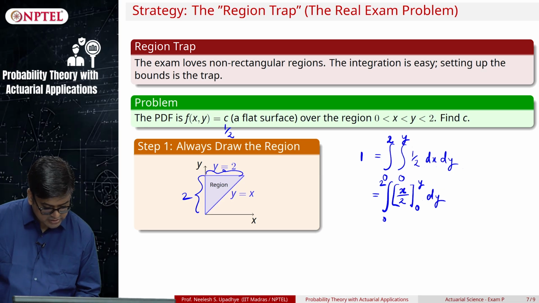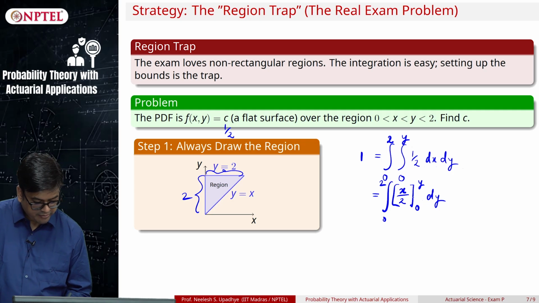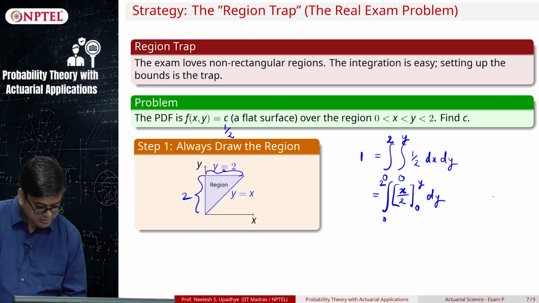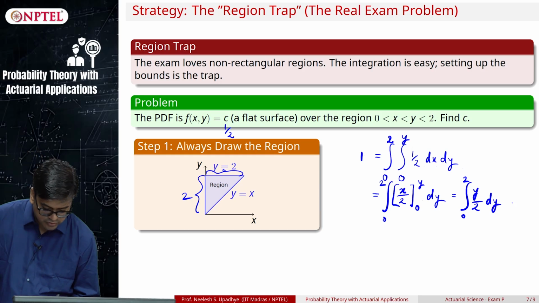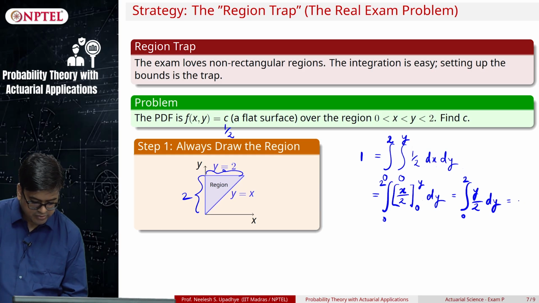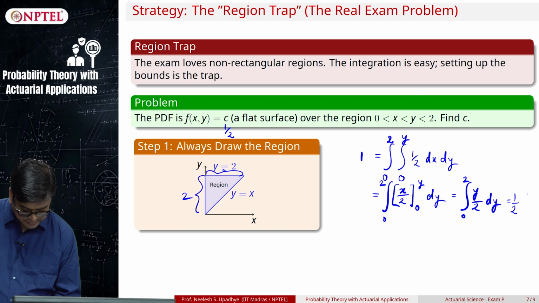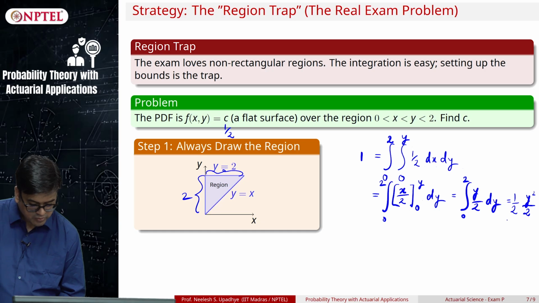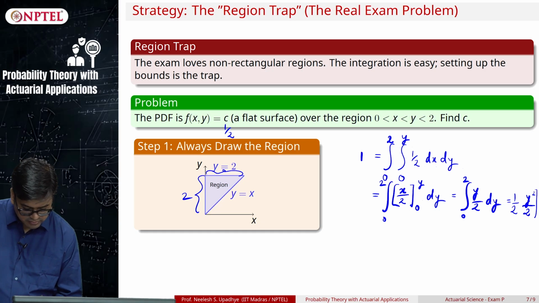Okay. So, what is this? This will become y by 2 plus 0. So, it will be integral over 0 to 2 of y by 2 dy. So, this will again become 1 by 2 will be thrown out and this is y square by 2. So, what is y square from 0 to 2?